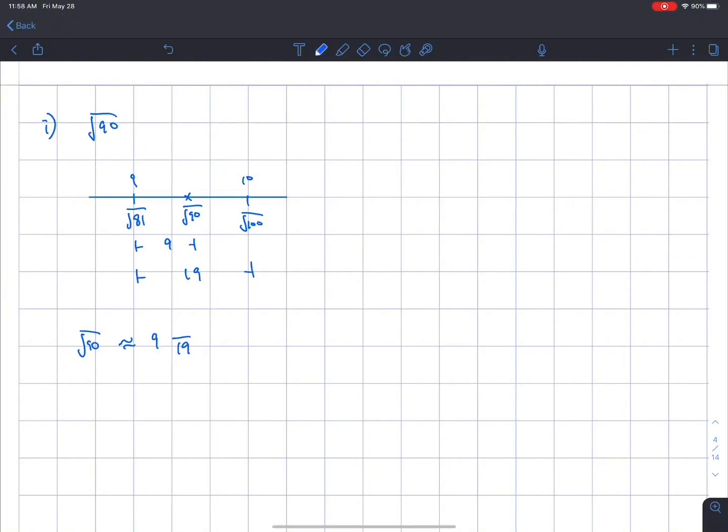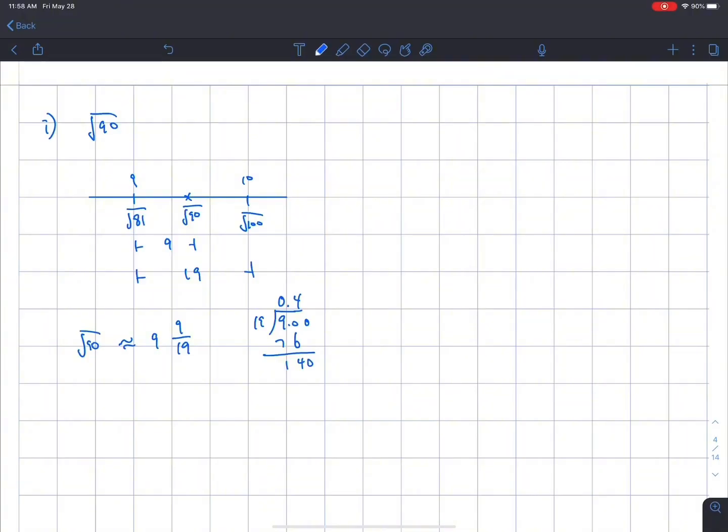And now we can just divide them. 9 divided by 19, and a 0.0, line up the decimal point. 19 times 5, or no, not 5. 19 times 4, that's 76. So subtract, 10 minus 6 is 4. 8 minus 7 is 1.